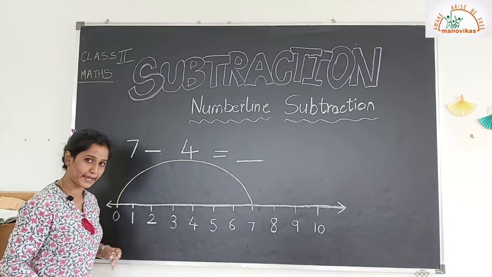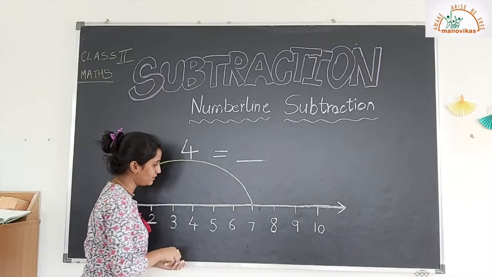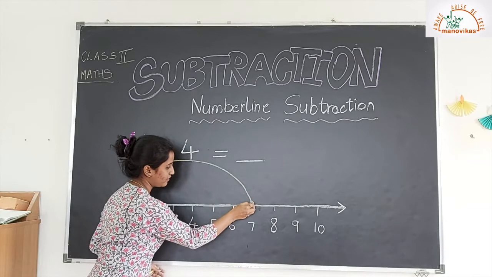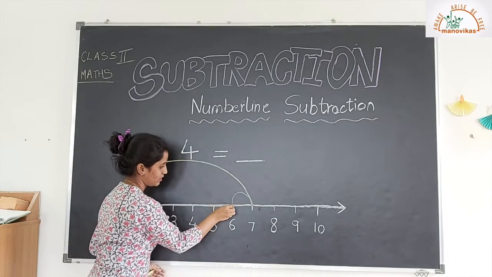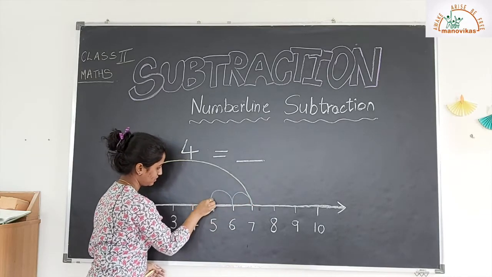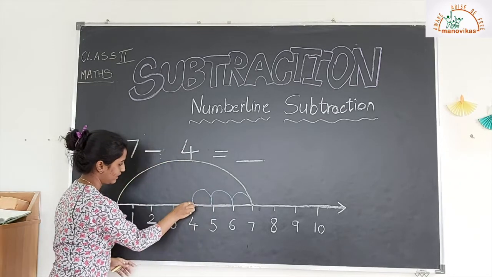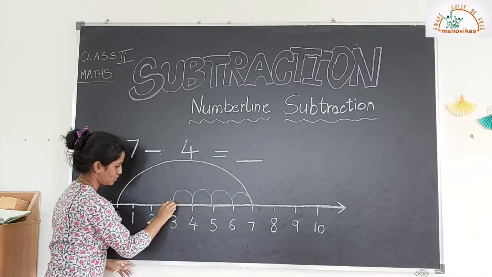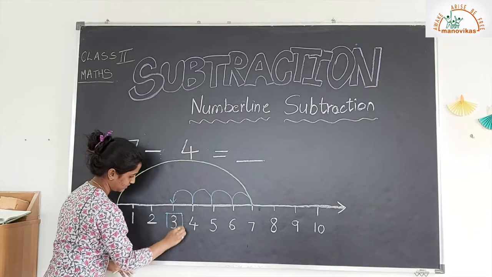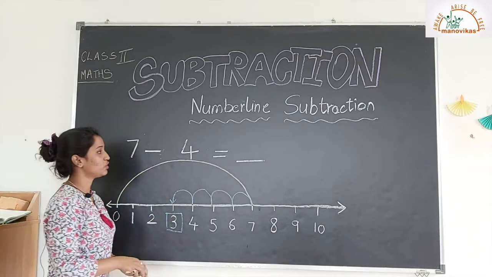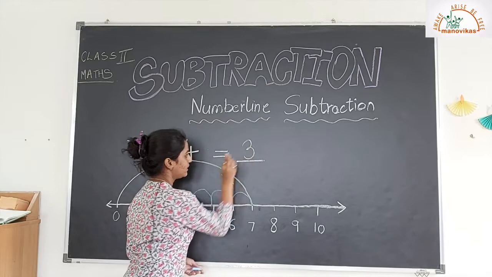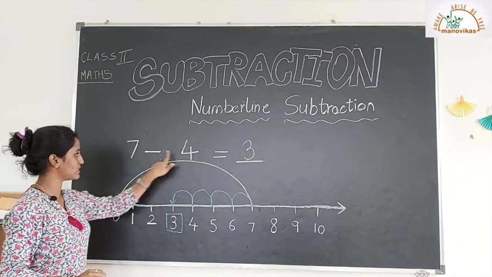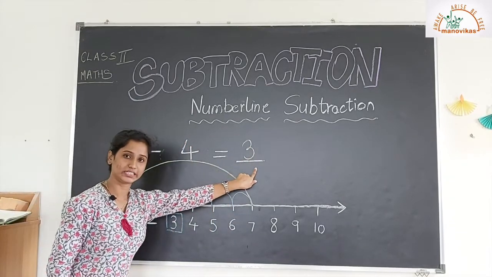So 4 steps backward. So we'll start 1, 2, 3 and 4. So what is the answer? 3. So the answer here will be 3. So 7 minus 4 is equal to 3.